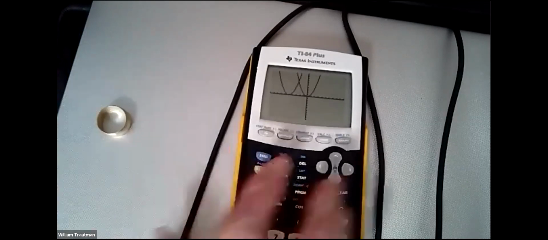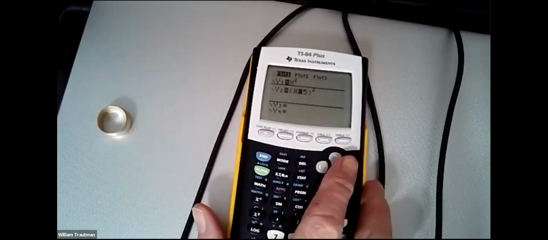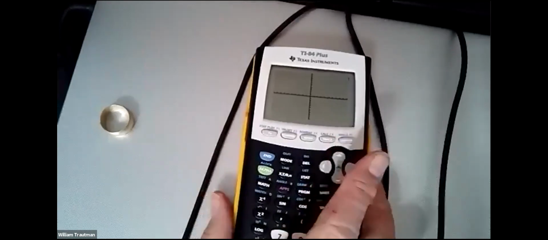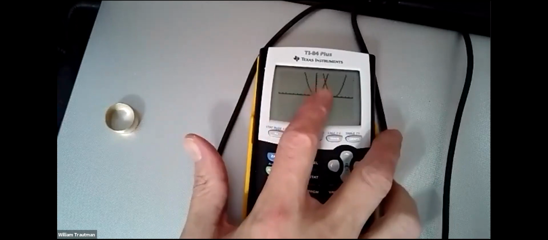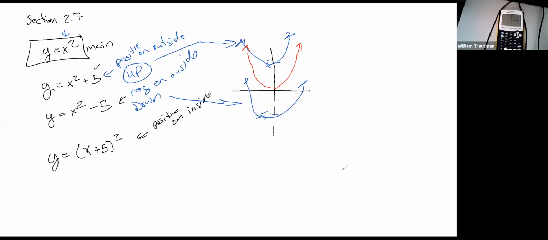Now, what happens when I change it to a minus 5 on the inside? Subtract 5 on the inside. There's the original. A subtraction moves the graph to the right. Do you see the second graph moves to the right? So that's kind of important. A positive on the inside moves the graph to the left.